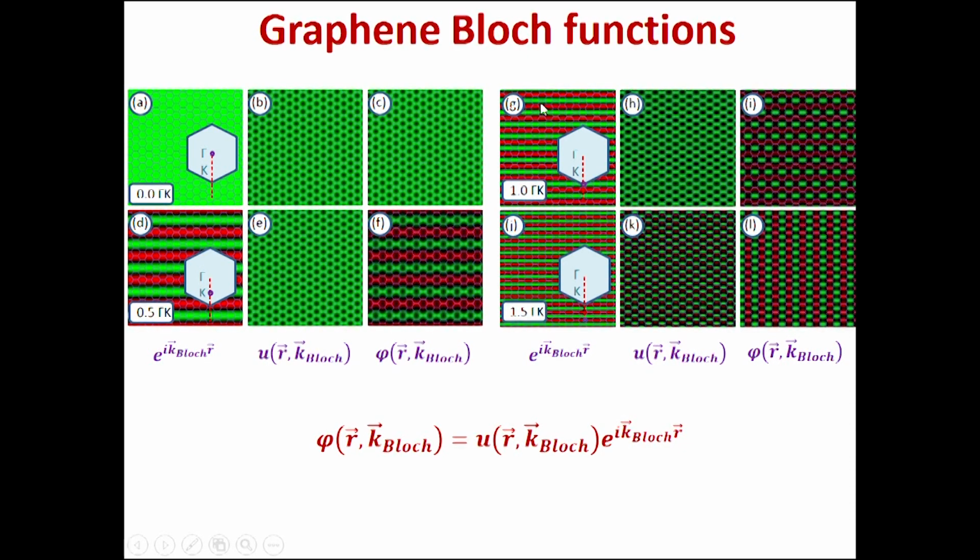We have this plane wave with decreased wavelength, and here we are in the extended Brillouin zone, 1.5 gamma K. It is interesting that the U part, the periodic part of the Bloch function, changes its symmetry. It doesn't remain hexagonal. And these are the Bloch functions.